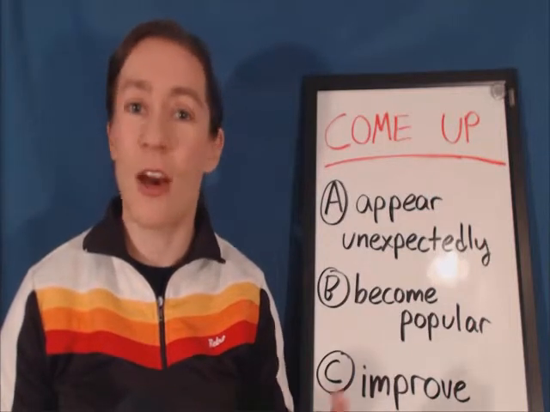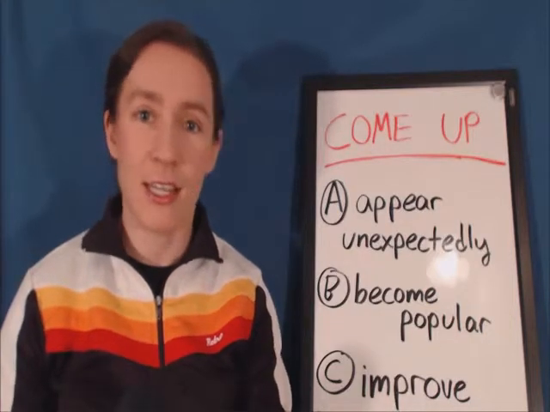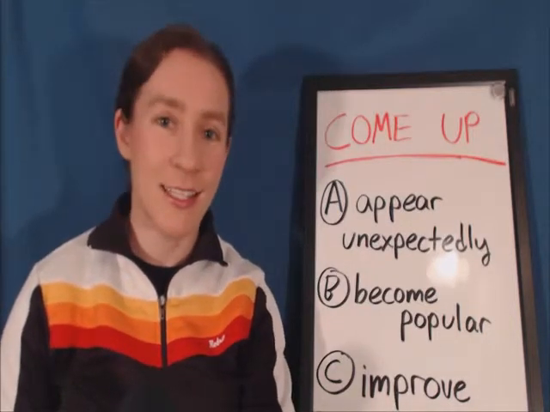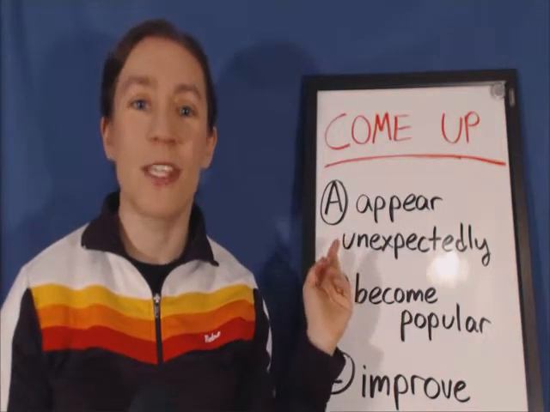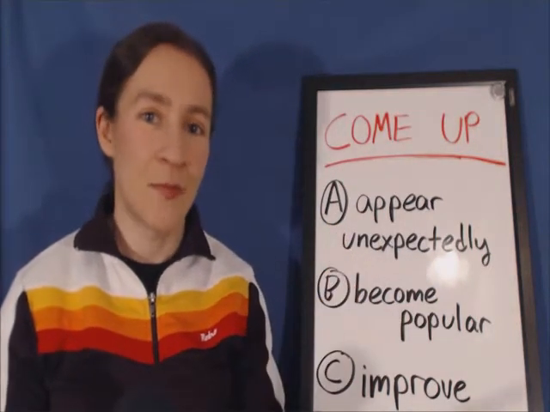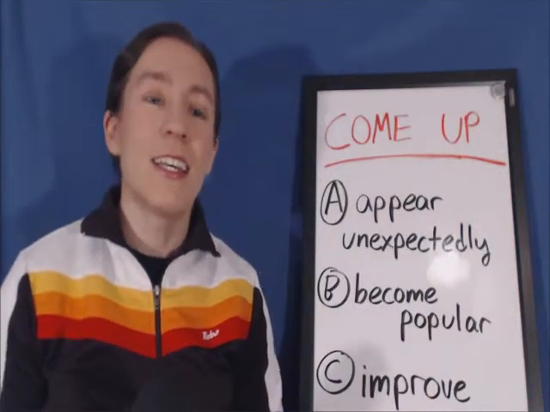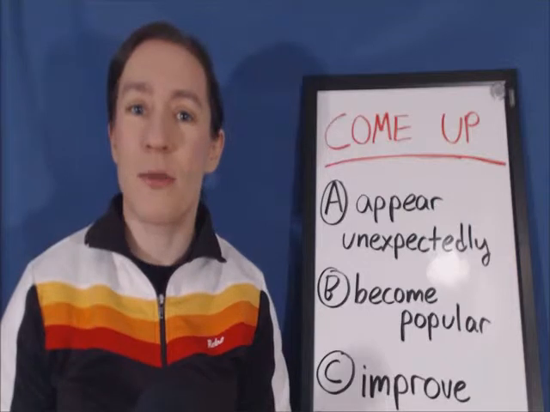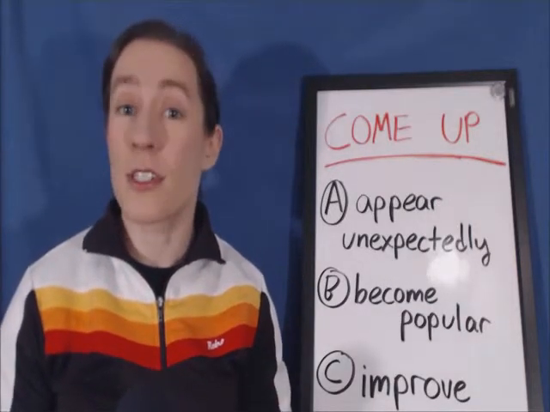In other words, some other problem or responsibility appeared. Maybe their child got sick, maybe their car needed to be taken into the mechanic. Something came up, some problem, some issue appeared unexpectedly, and then that person couldn't go to the event they were planning on going to.